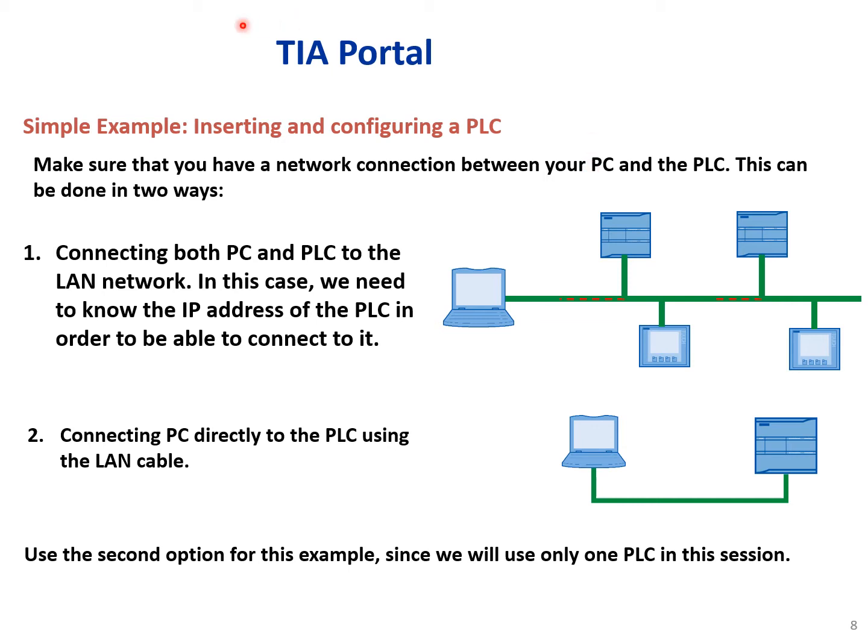But anyway, I will go through these slides because I want to introduce you the TIA, what do we mean by the IP address, and etc. Okay, so first, connecting both PC and PLC to the LAN network. In this case, we need to know the IP address of the PLC in order to be able to connect to it. So here we have our PC, and here we have two PLCs, and here we have two HMI panels.